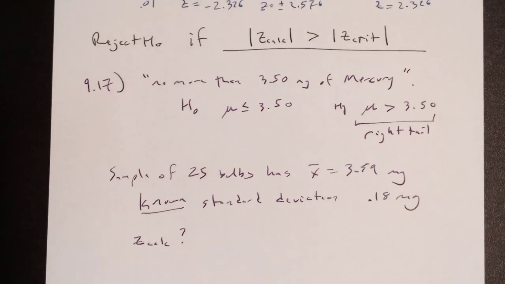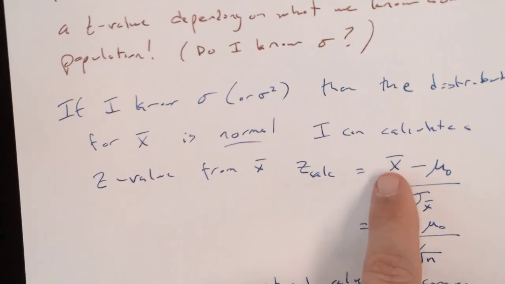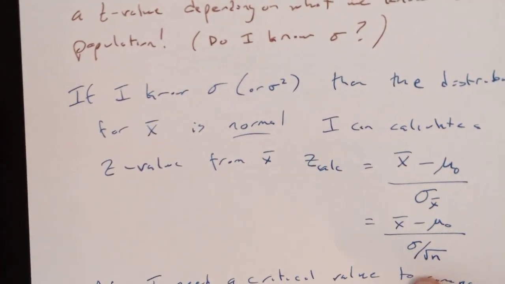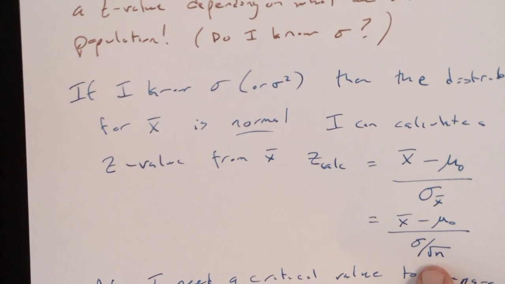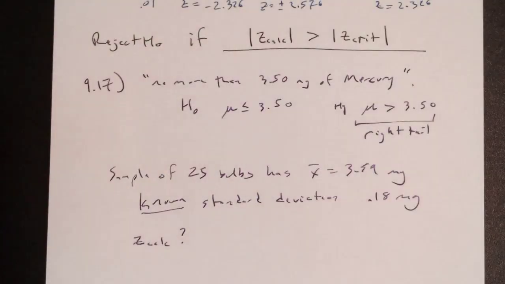Remember my formula for calculating this Z calculated value: mean minus benchmark over the standard error. Very much in the same way we did Z's back in the first exam, second exam: data minus mean over standard deviation. Well, I'm using the standard error instead of the standard deviation.